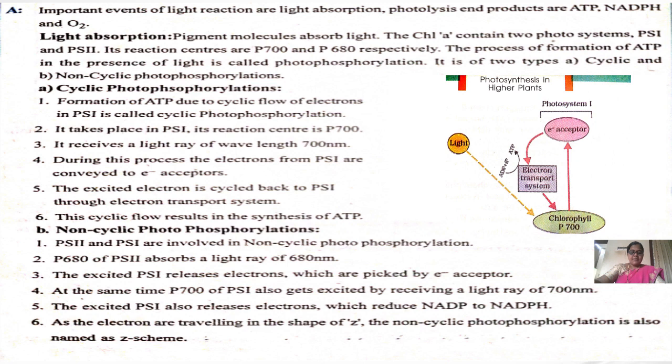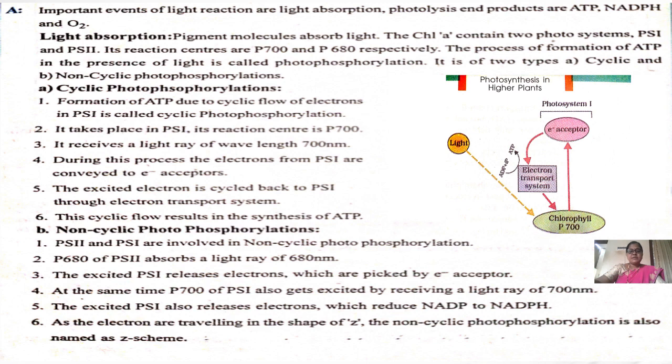So these electrons are traveling in this non-cyclic photophosphorylation in a jet shape, so it is named the Z scheme.